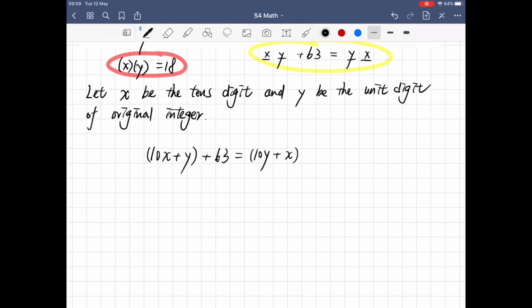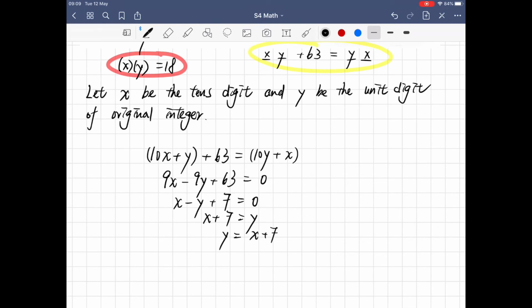We put everything on the left-hand side so that it becomes 9x minus 9y plus 63 equals 0. Then I divide both sides by 9 so that we have x minus y plus 7 equals 0. Finally, x plus 7 equals y, and y equals x plus 7. This is our first equation.